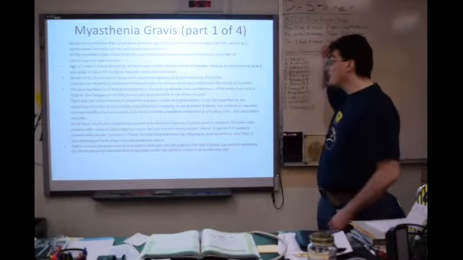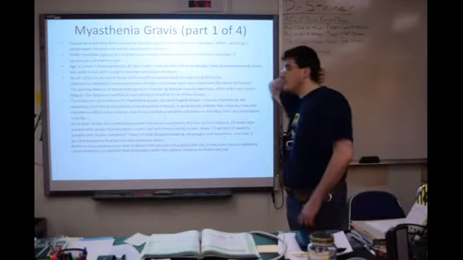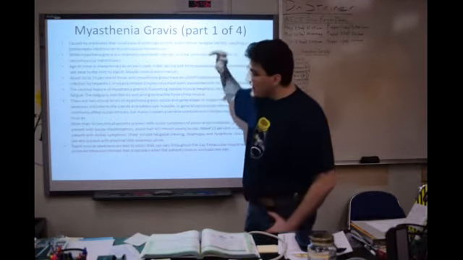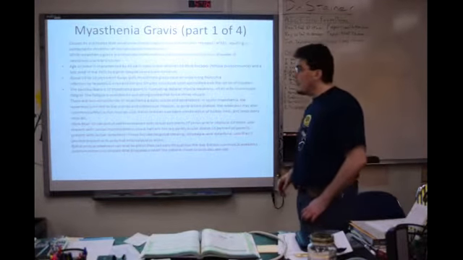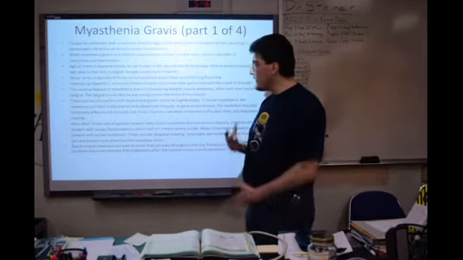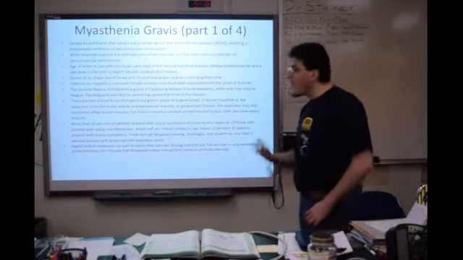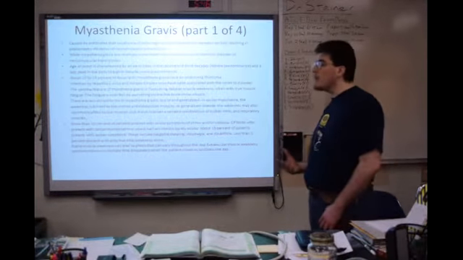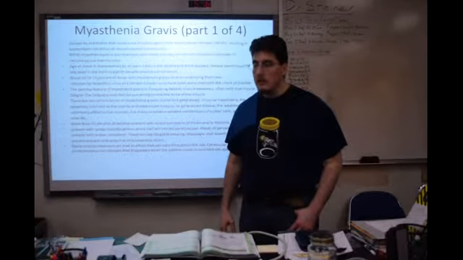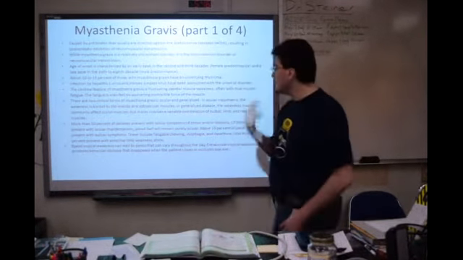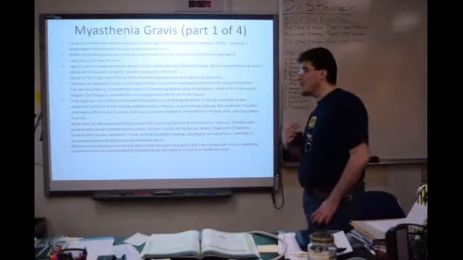So there are other things that can be associated with the onset of the disorder, like viral infections like herpes simplex and hepatitis C. But primarily, there are two clinical forms, ocular and generalized. The ocular form is where your eyes close and you have the drooping eyelids. This is actually the most common weakness.